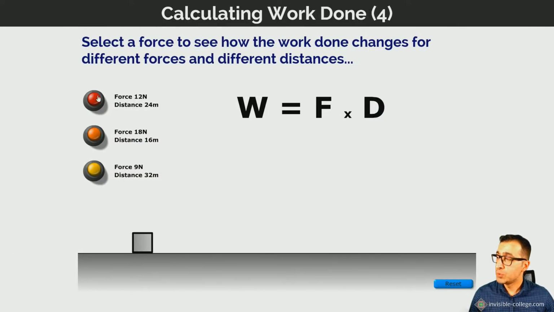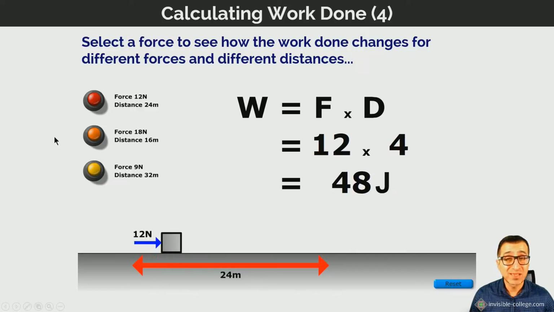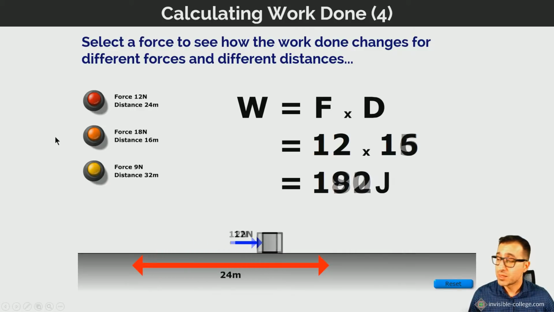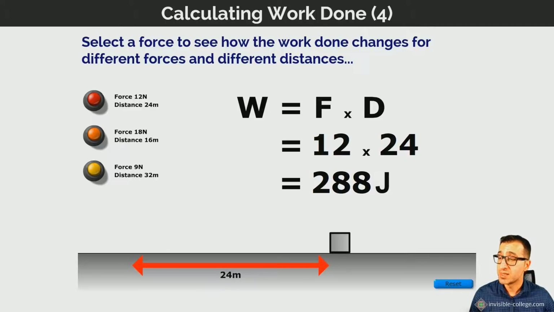So if we move an object along a surface and the resultant force that's acting is 12 newtons and the force moves a distance of 24 meters, we can see that the total amount of work done by that force on the object is 288 joules. It's 12 newtons the force multiplied by 24 meters the displacement.